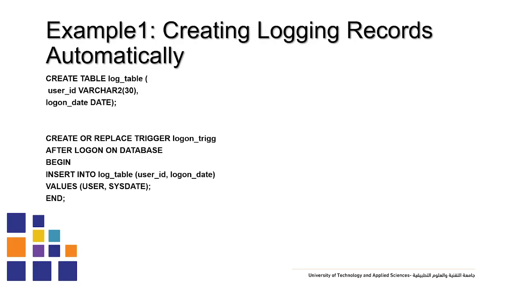Each trigger action will insert a new record into the log_table with the user_ID and logon_date, right? So this will return the username of the person who logged in to the database, and the current timestamp of the database, using SYSDATE.